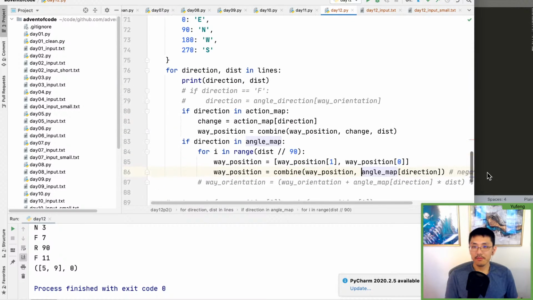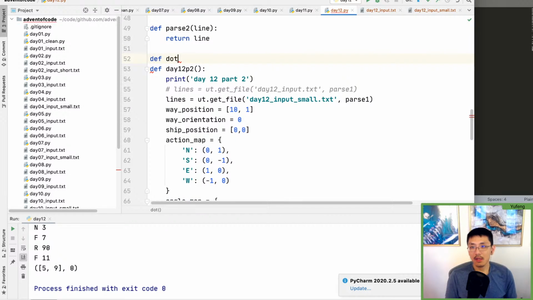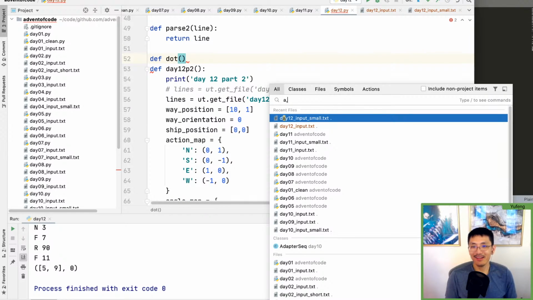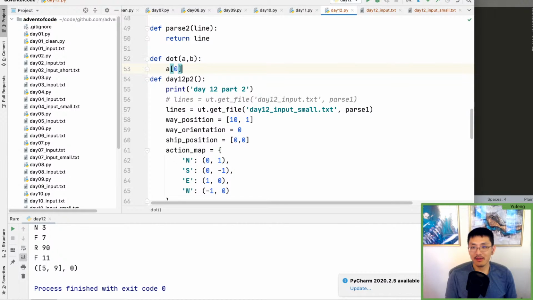All right. Dot A comma B, A at 0 times B at 0 plus A at 1 times B at 1. It's not really dot multiply, it's element-wise multiply. Turn that into a list.